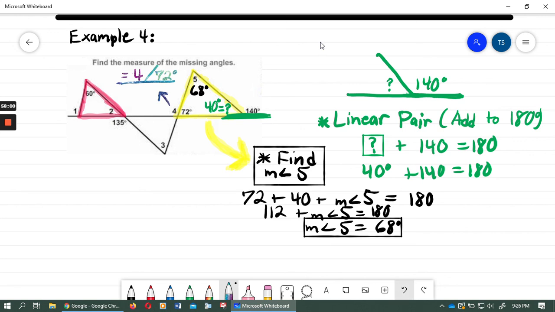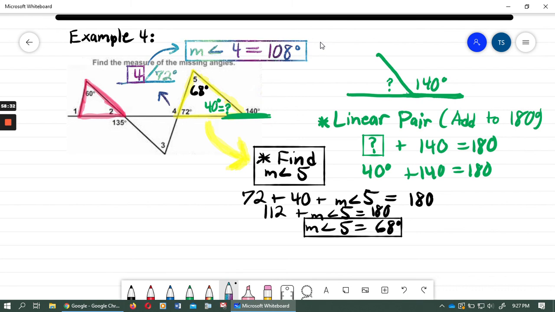And I'm not going to write it like that. I'm going to write it like this right here. We're going to use proper math terminology and symbols. The measure of angle 4 equals 108 degrees. That's it right there.